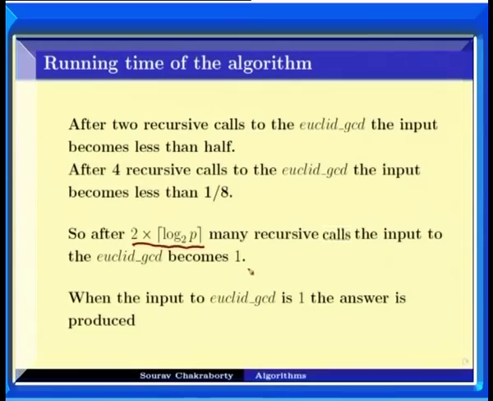In that case the output will be the first input and the algorithm will stop. Or it will not stop, in which case a new call will be made, and after this many calls anyway the first input will become 1, and then the algorithm will output 1, because 1 will always divide the next input.